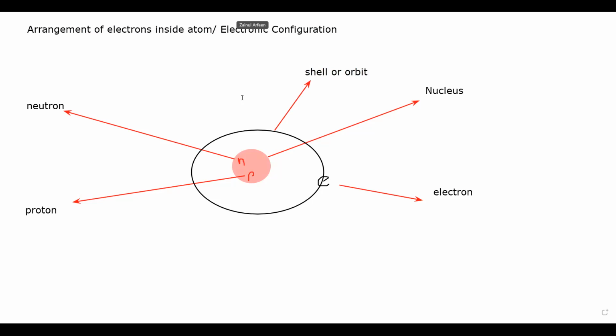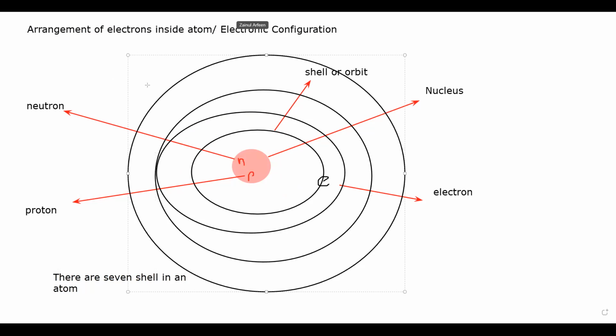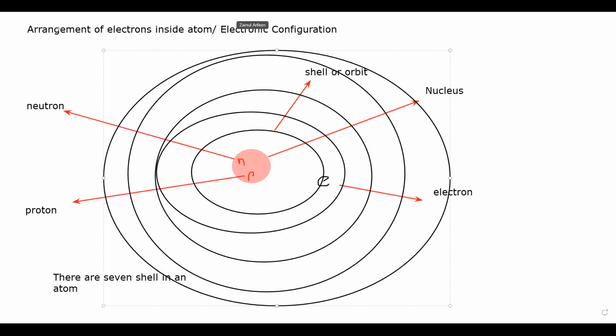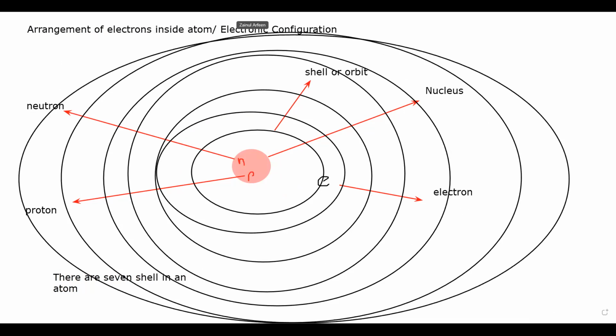And how many shells are there? There are 7 shells in an atom. And what are the names of these shells? In alphabetical order: K, L, M, N, O, P, Q. So these shells have names.